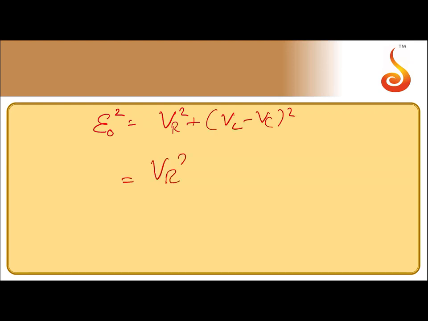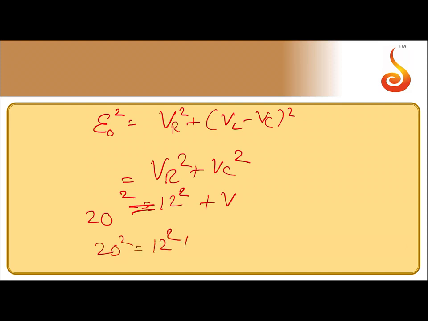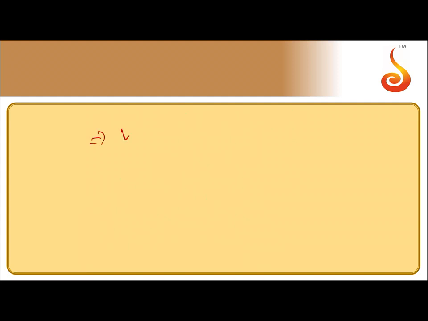So it is VR square plus VC square. 20 square is equal to 12 square plus VC square, or VC is equal to the square root of 20 square minus 12 square, and that turns out to be 16 volt. So the voltage across the capacitor is 16 volts.